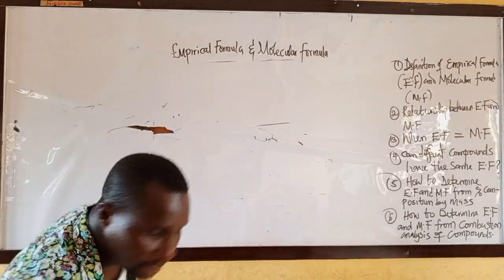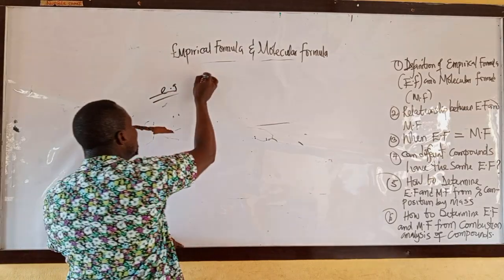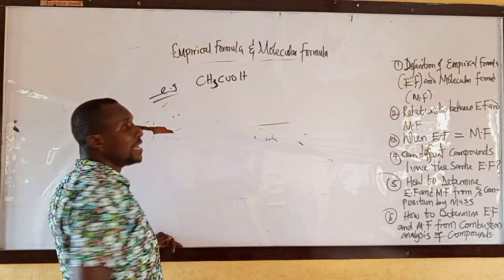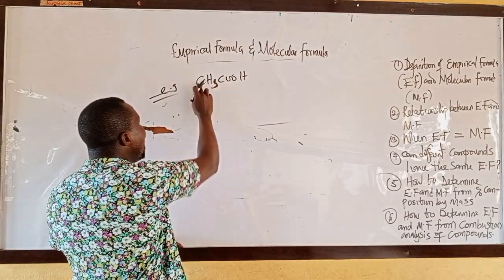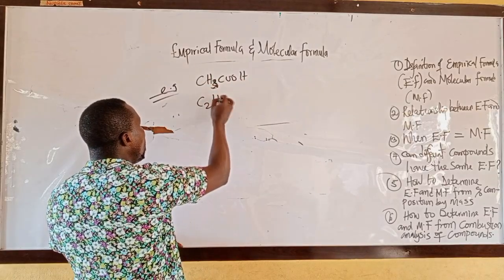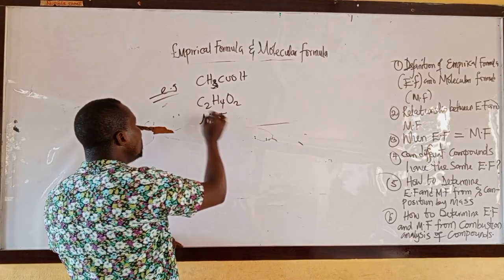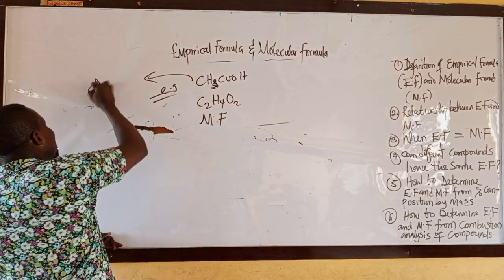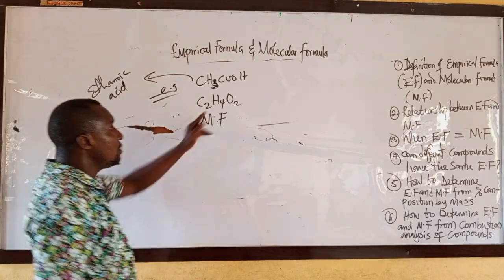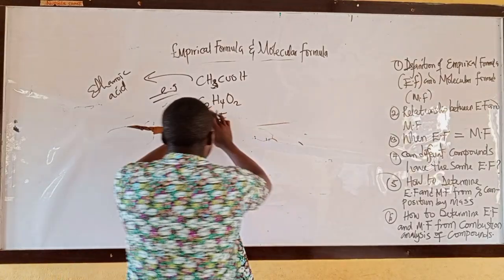Look at this, for example, ethanoic acid, CH3COOH. How many carbon do we have? 2. How many hydrogen? 3 plus 1, making 4. Then how many oxygen? 2. This is the molecular formula of ethanoic acid. What is the empirical formula of ethanoic acid?